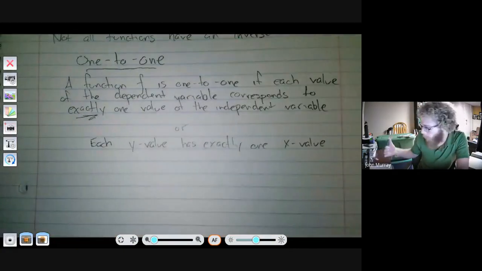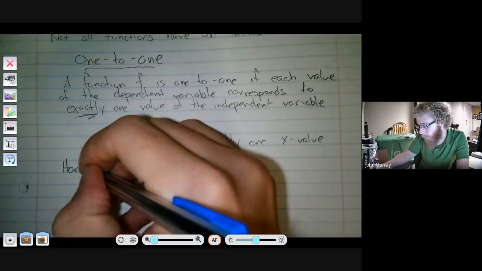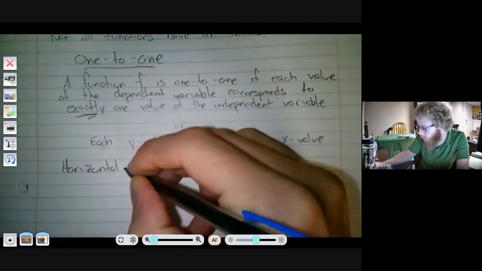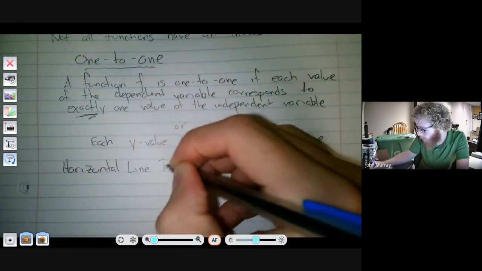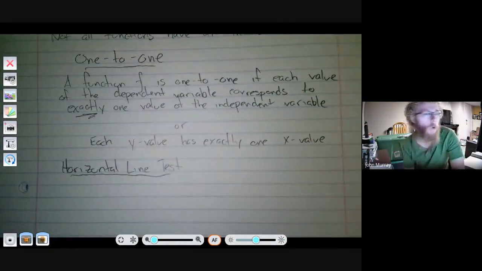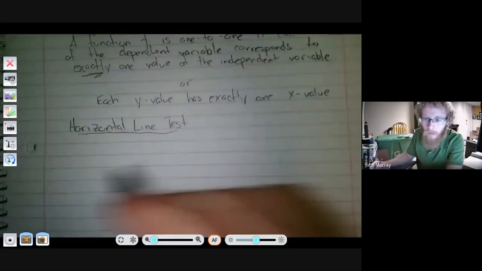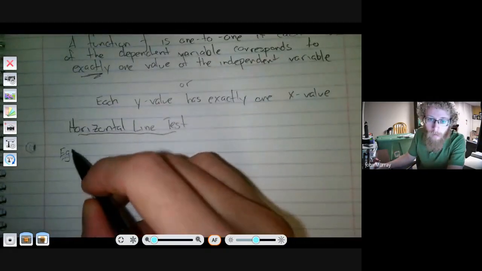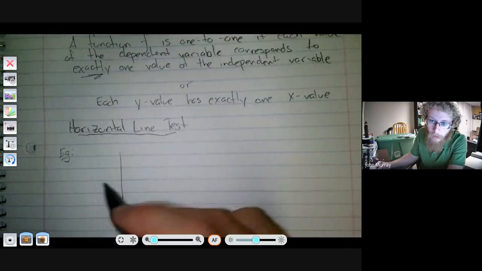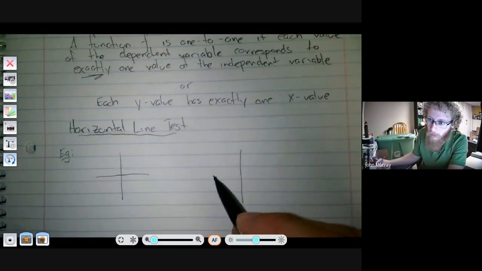So just like before, we can implement a test. Okay, but now we're going to call it the horizontal line test. All right, so let's take a look at some graphs first, and then we'll keep talking about it.